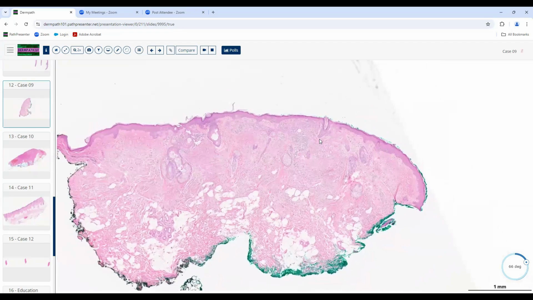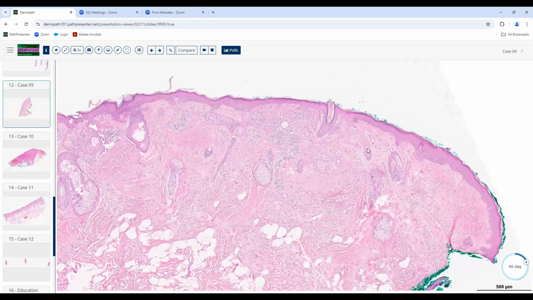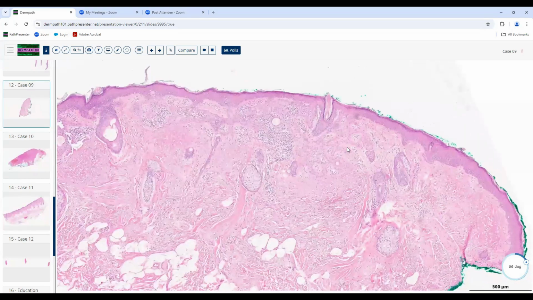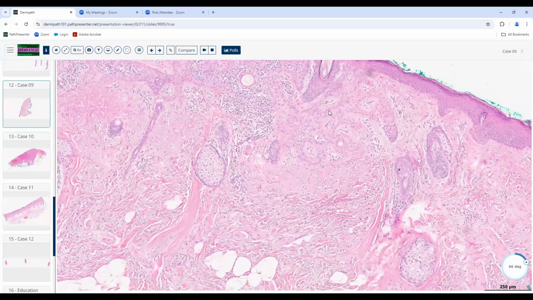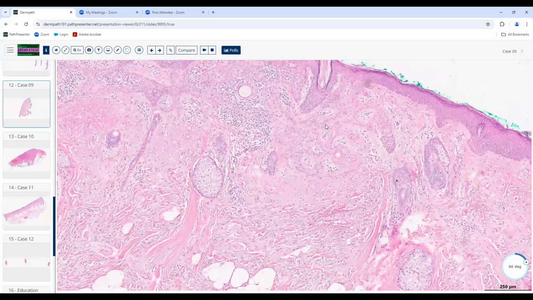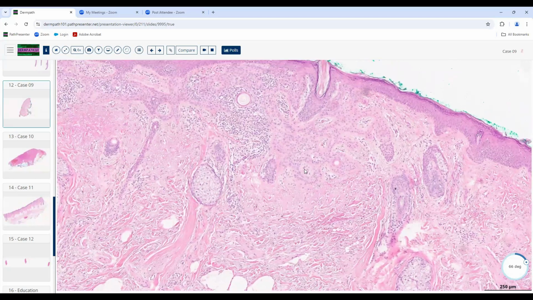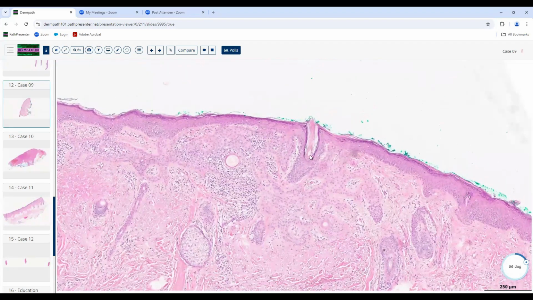So this is a neoplasm. And the differentiation, whenever we look at a neoplasm, is it epithelial or is it non-epithelial? Well, this is an epithelial neoplasm, and you can see that it's basically got follicular epithelial differentiation. We have really four parts of a hair follicle. We've got the inferior portion of the follicle where you have the hair bulb, like this little tiny vellus follicle here. We've got the infundibulum of the follicle, like we've got here.